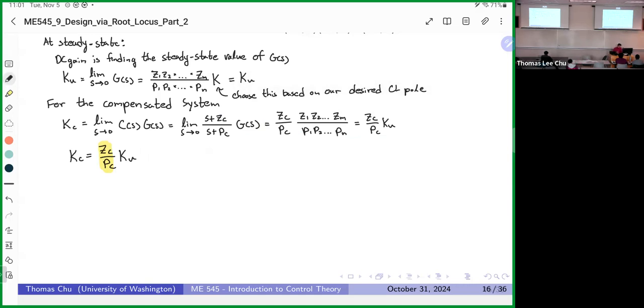Once we have that, we can see that our KC is dependent on the ratio of ZC over PC multiplied by KU.